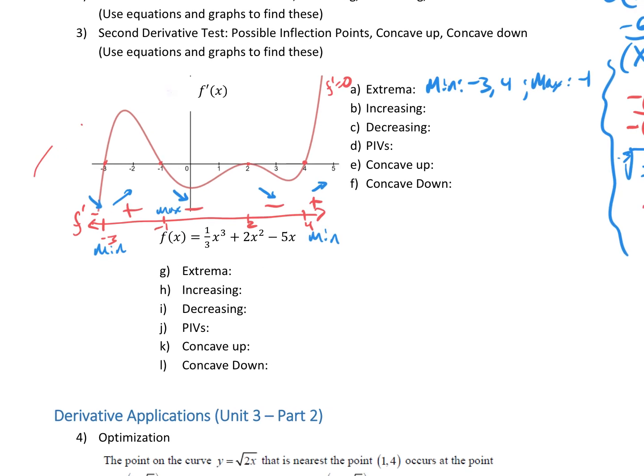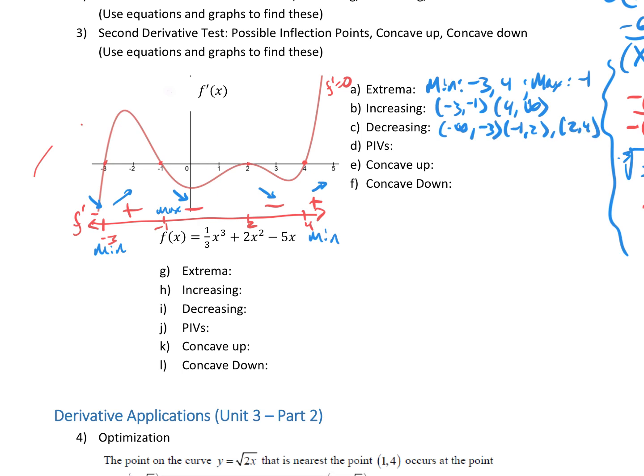So increasing is from -3 to -1, and from 4 to infinity. Decreasing from -infinity to -3, and from -1 to 2, and from 2 to 4.